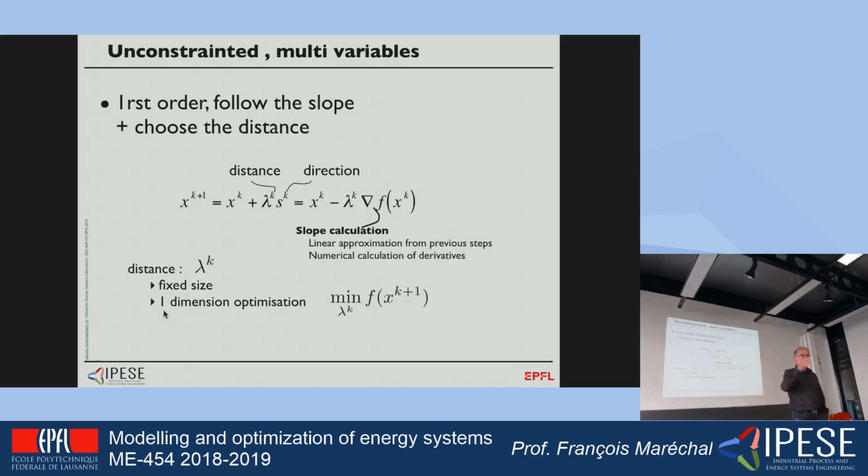Okay, so I'm making then 3 steps in the direction, and then I can approximate it with a quadratic function, and then make an iteration to define what is the best size of the step. Okay? So what we can see here is that the new point depends on the previous one.